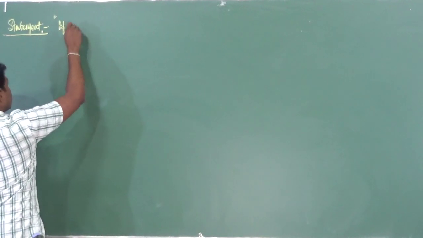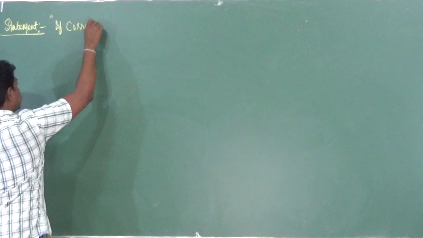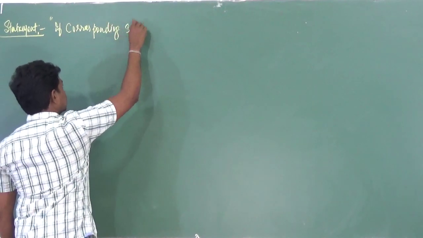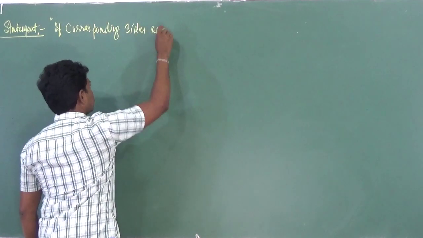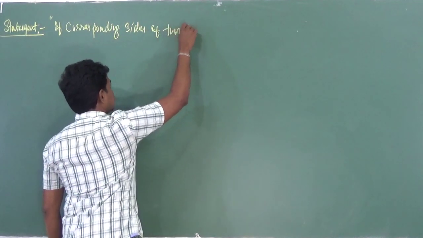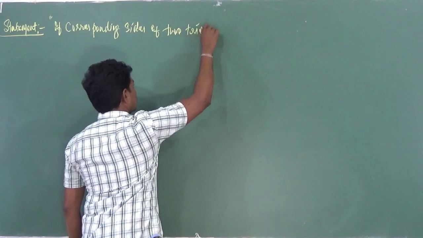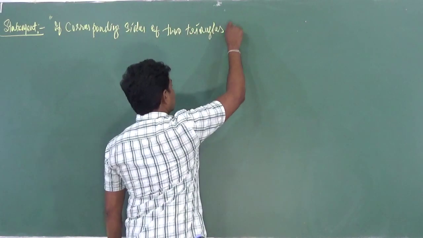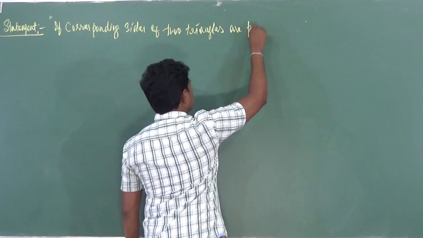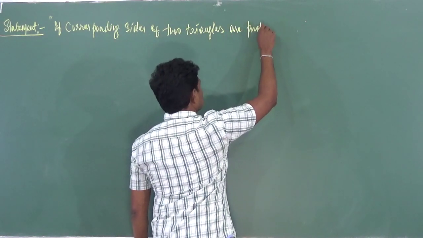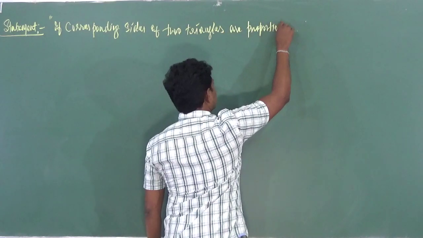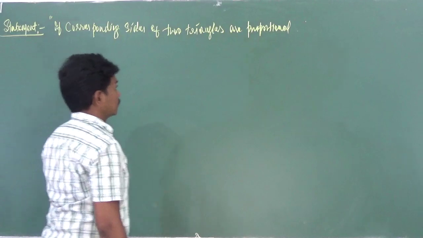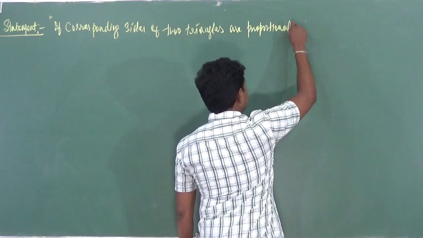If corresponding sides of two triangles are proportional, if corresponding sides of two triangles are proportional, then they are similar.